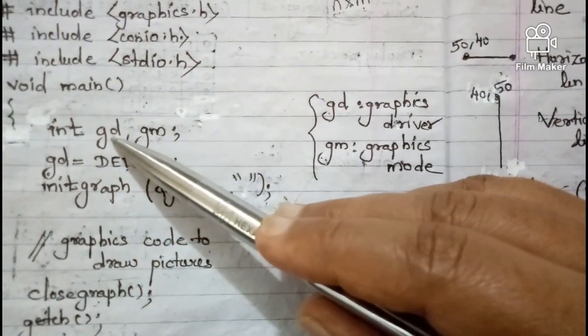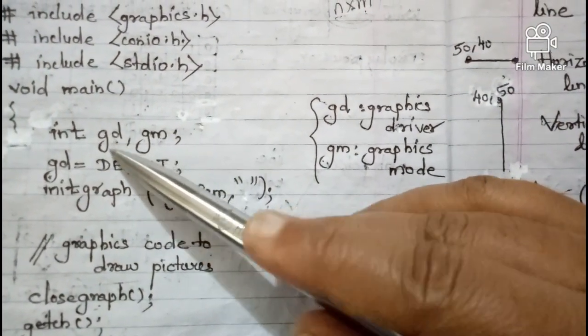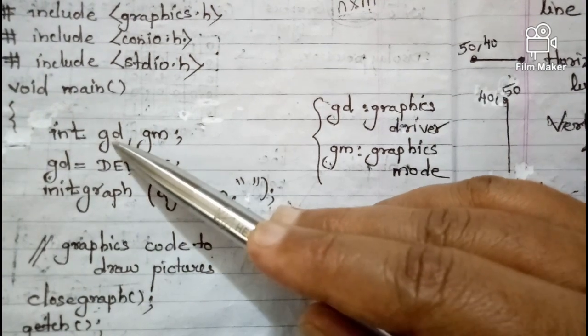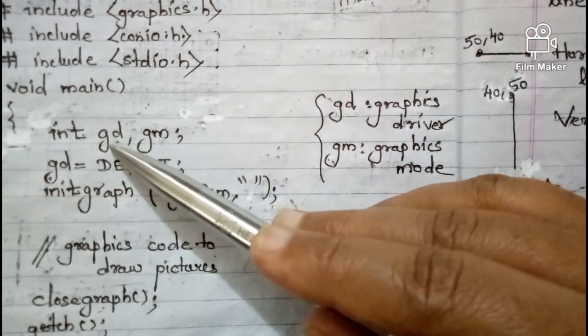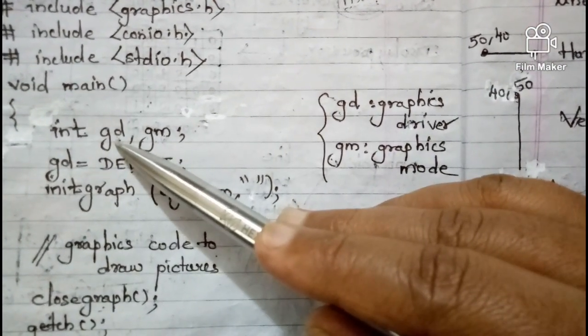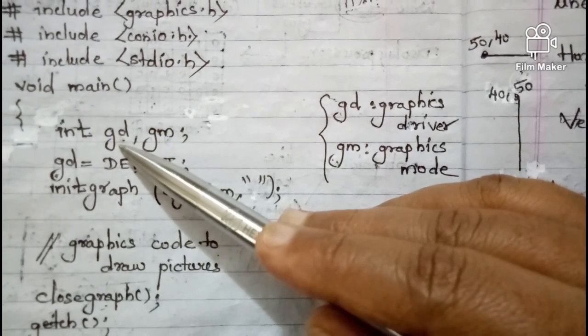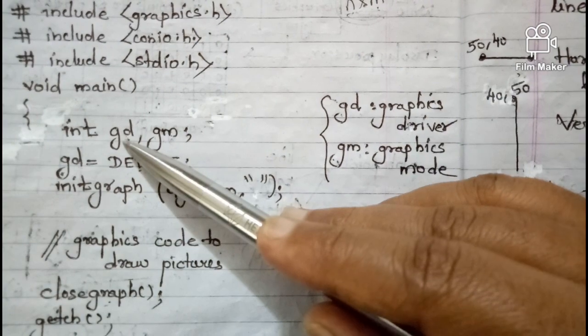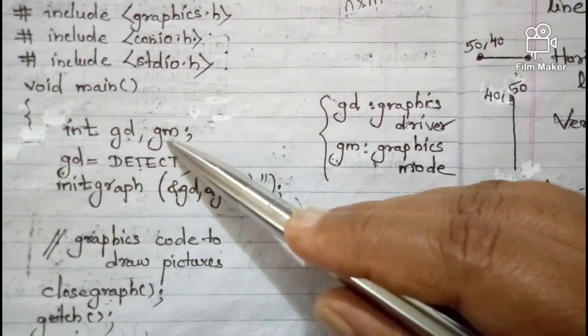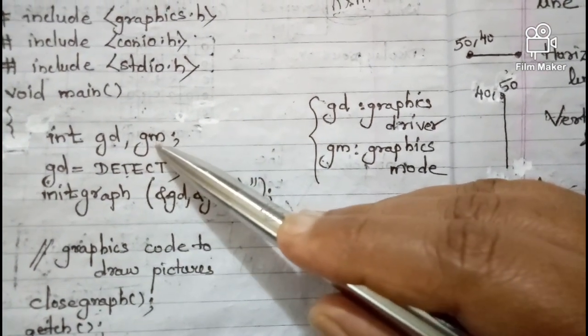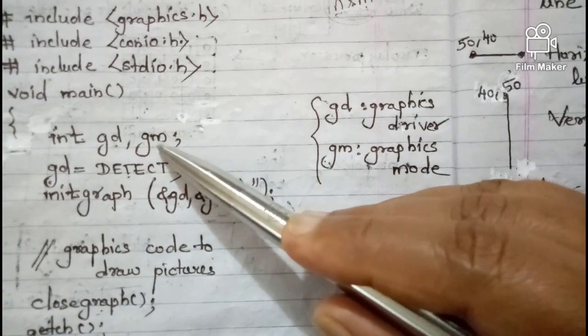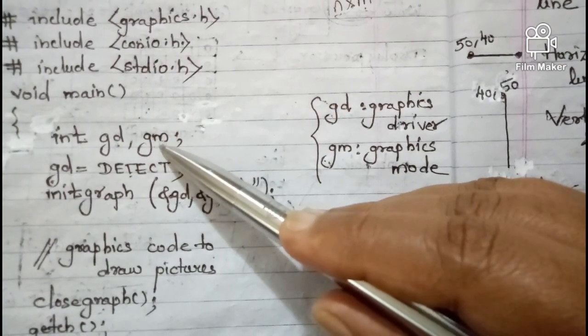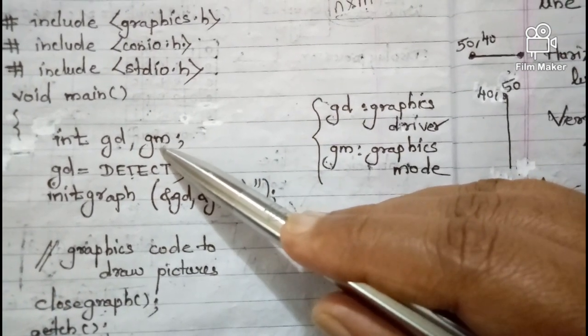Now, what is this graphics driver? Graphics driver is a software that allows your operating system and other programs to make use of graphics hardware. And what is this graphics mode? Graphics mode indicates the number of row column divisions that your computer screen has.